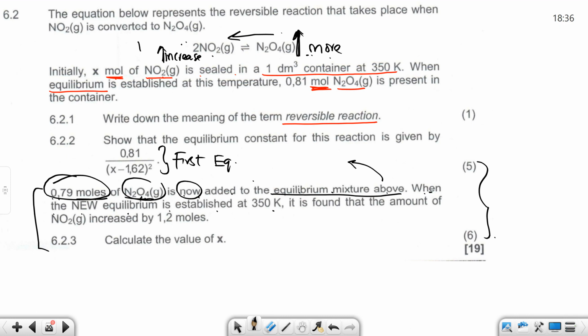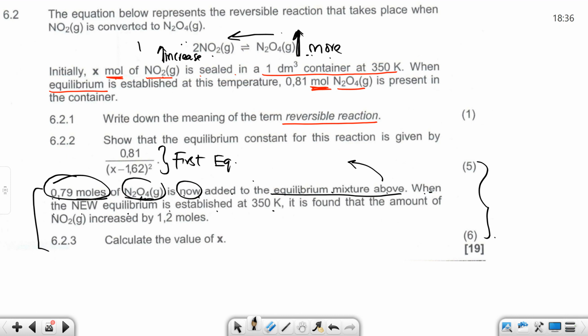Somebody once asked me, why do they always write this temperature? The only factor that changes Kc is temperature. So here we are saying our Kc is not changing.